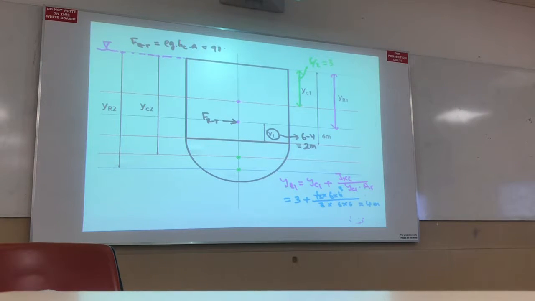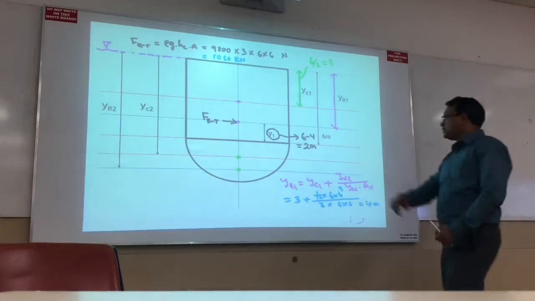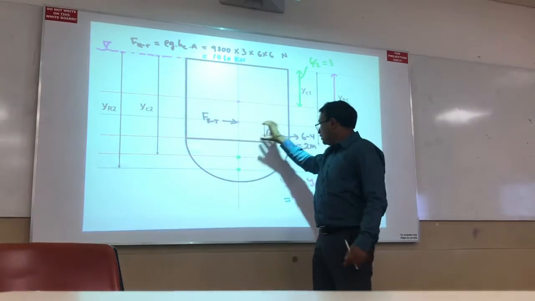Rho g is 9800, hc is 3, as I told you last week, and area is 6 times 6. The unit is newton, and after calculation I get 1060000, divided by 1000 gives kilonewton. Pretty simple. So I get this value, I get y1. Done.